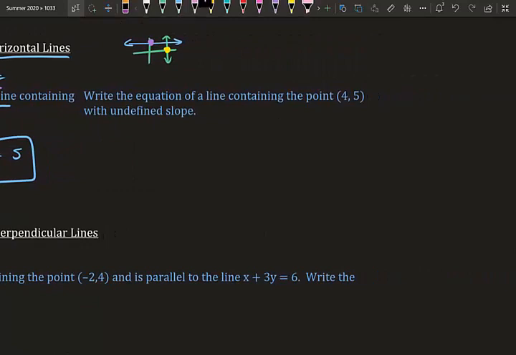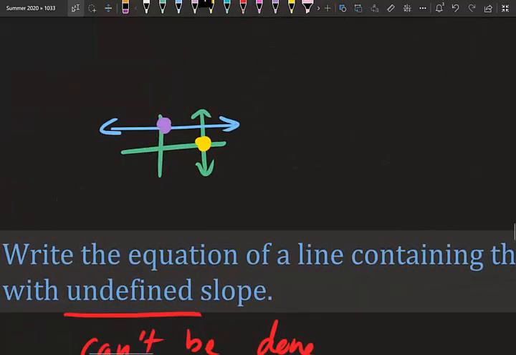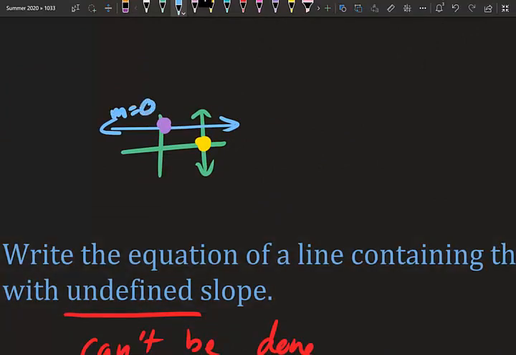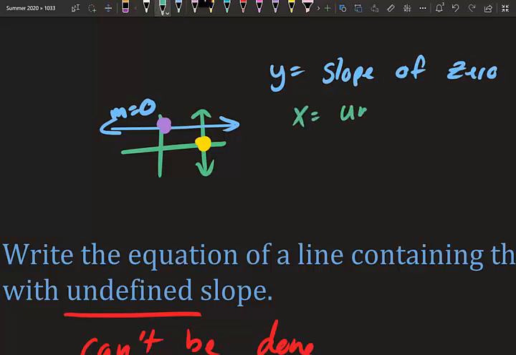Let's write the equation of a line containing the point 4, 5 with an undefined slope. So undefined means can't be done. So when we're talking about our two types, y equals, you have a slope of 0. X equals, you have an undefined slope.